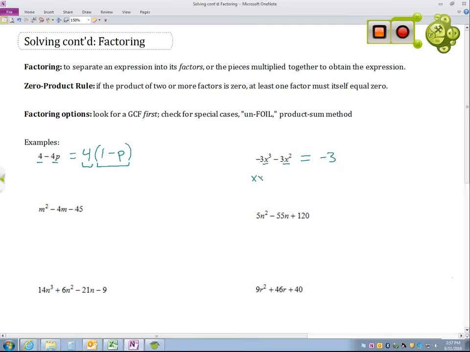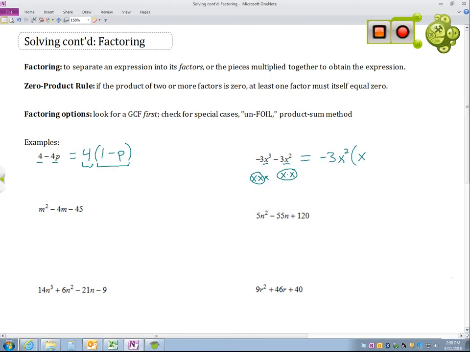So if this is 3 x's multiplied, and this one is 2 x's multiplied, then I know that x squared, or 2 of the x's, is a factor in both. So that means x squared is a common factor, okay? But then there's one x left over on the first term, and then none left over on the second.